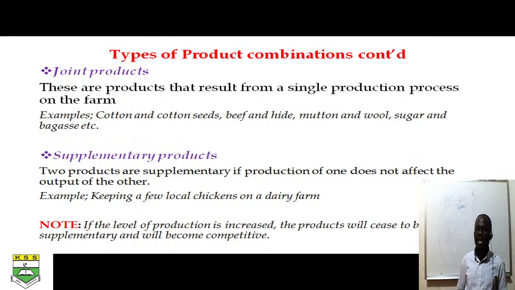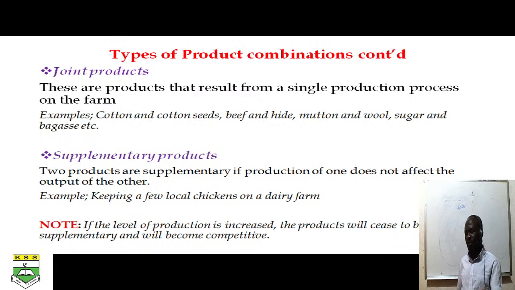However, if you decide to scale up the number of chicken you are keeping there, they become competitive. That's why I said supplementary products are a bit tricky. At the beginning, they don't have effect, but when you scale up, when you increase the productivity, like with this chicken, if I was keeping like 100, then I decide to keep like 500, there will be an effect.